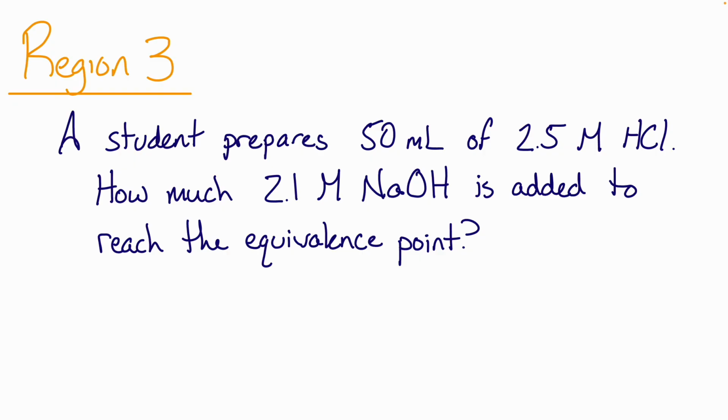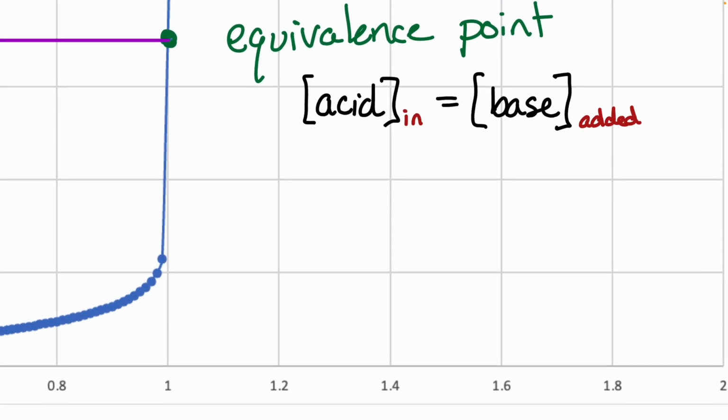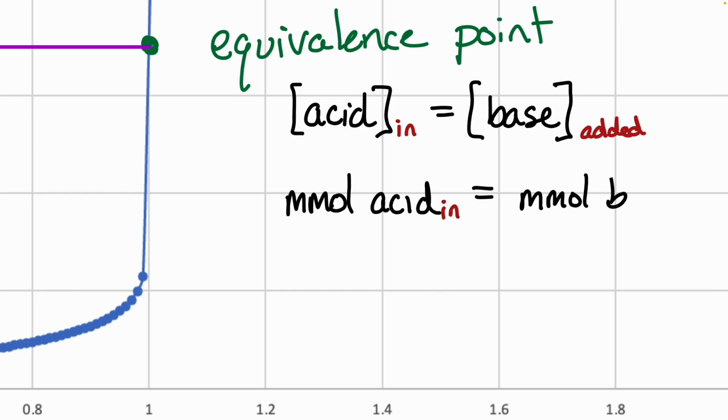Now, since this is a titration and we're going to be changing our volume, again, we want to kind of redefine our equivalence point. Yes, it's the concentration of acid initially is equal to the concentration of base added, but it's also millimoles of acid that we have initially are now equal to the millimoles of base added.